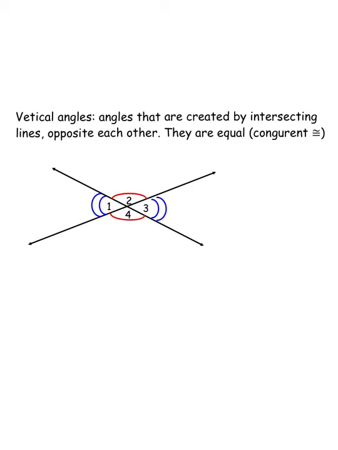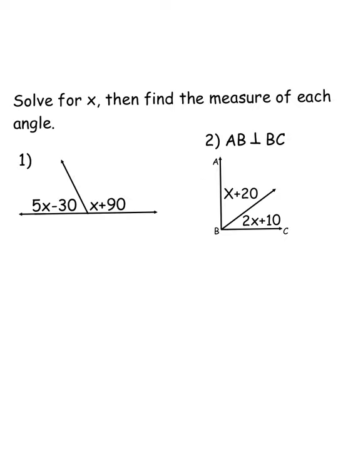So if I tell you angle 1 is 50, that means angle 3 is also 50 because they have to be equal to each other. If I wanted to find the rest of the angles in this picture, angle 2 would have to be 130 because angle 1 plus angle 2 make a straight line. And if 2 is 130, that means angle 4 also has to be 130.